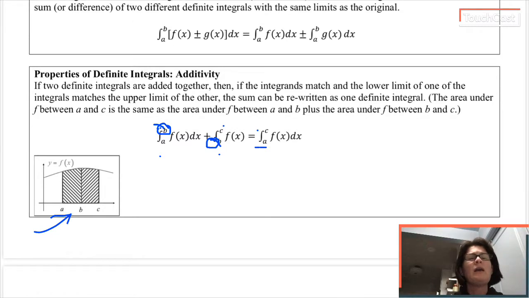understand visually. The one thing that you might not notice is that it's not actually even required that b is between a and c.